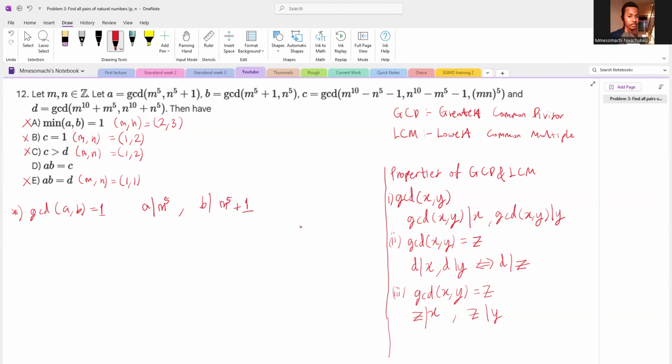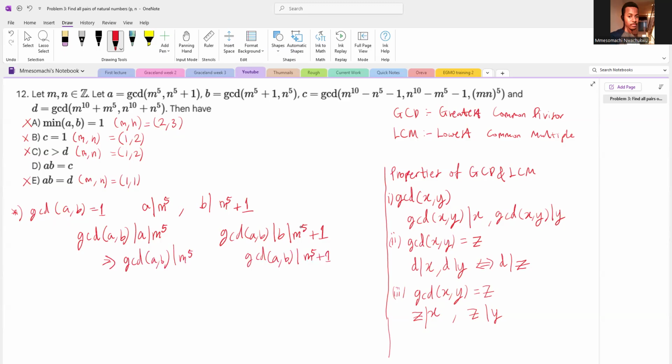Now we know that the GCD of A and B divides A, and the GCD of A and B divides B. But A divides M to the power of 5, and B divides M to the power of 5 plus 1. So where am I driving at? This implies the GCD of A and B divides M to the power of 5, and the GCD of A and B divides M to the power of 5 plus 1.